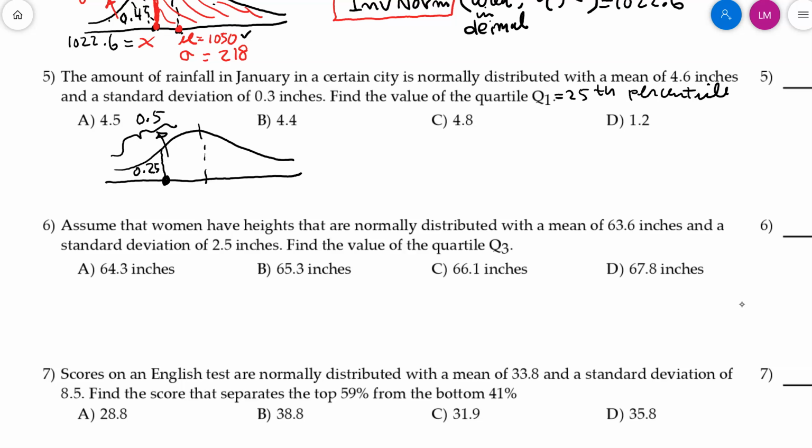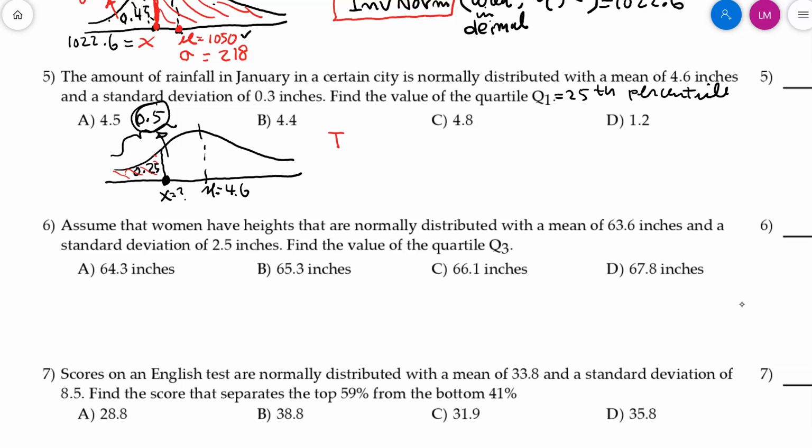We're trying to find this x value. This mu in the middle is 4.6. So that is the question. If I shade a little bit, this is 0.25. Now, inverse norm.